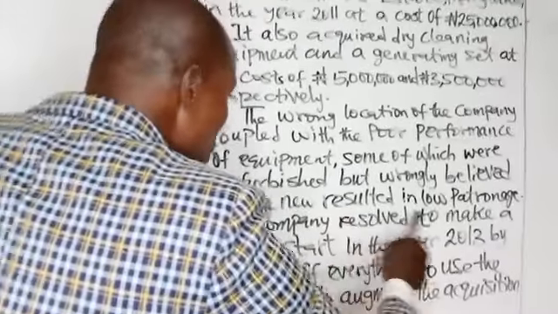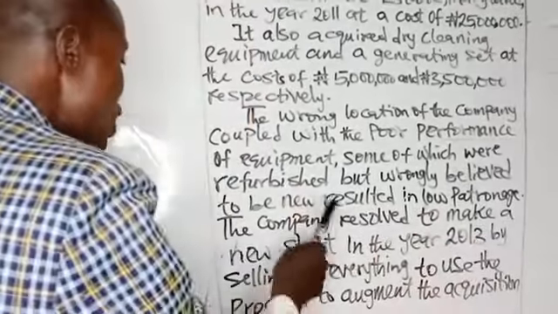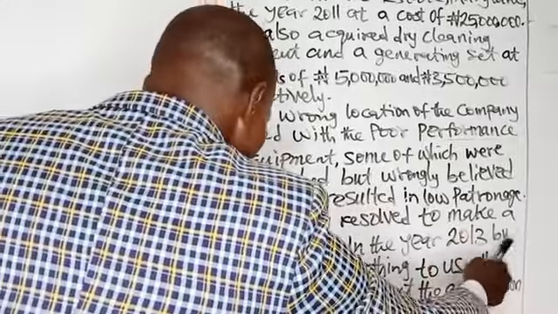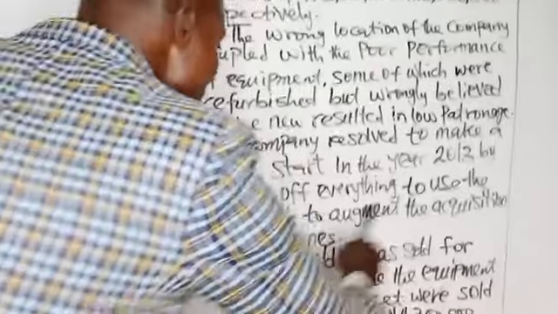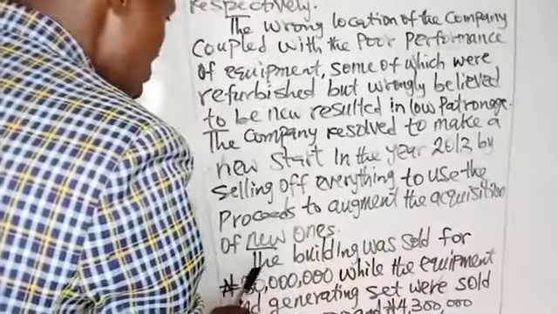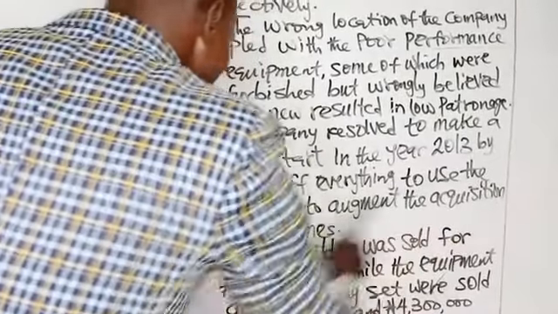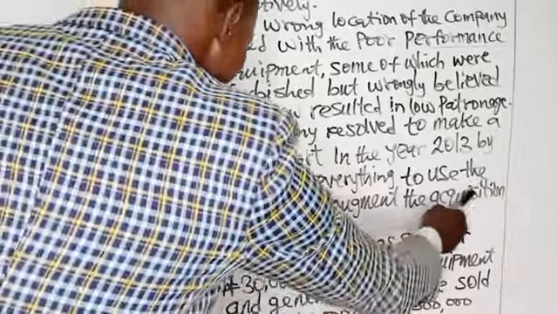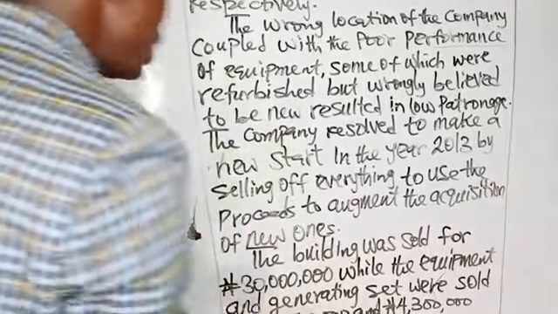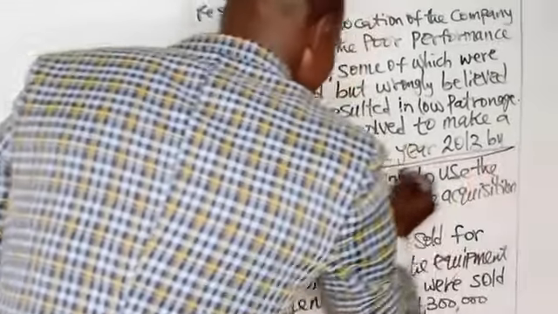The company resolved to make a new start in the year 2013 by selling up everything to use the proceeds to augment the acquisition of new ones. The year of disposal is year 2013.